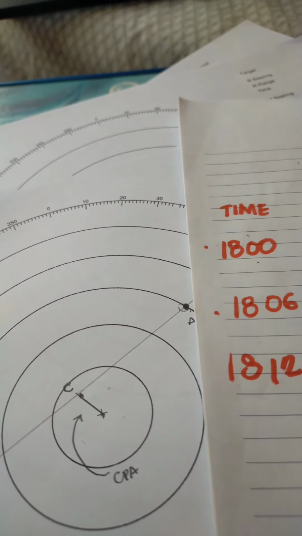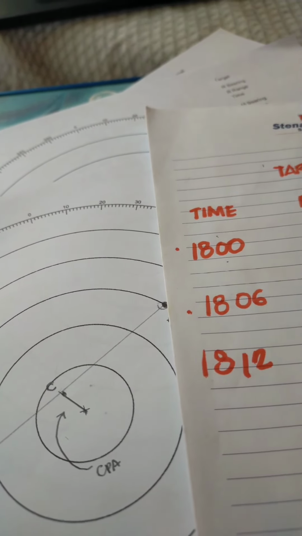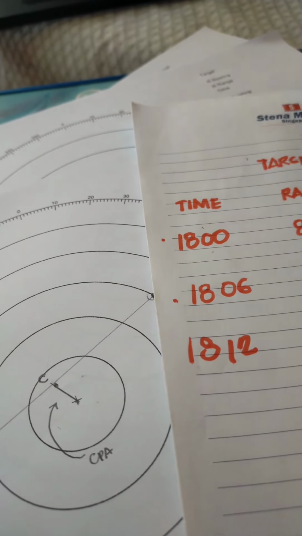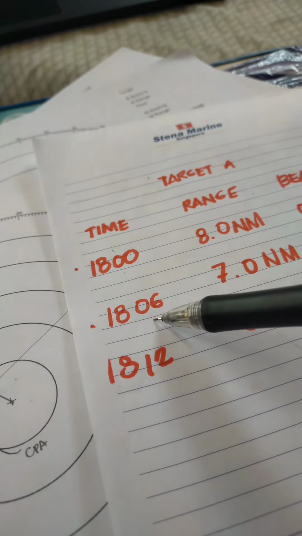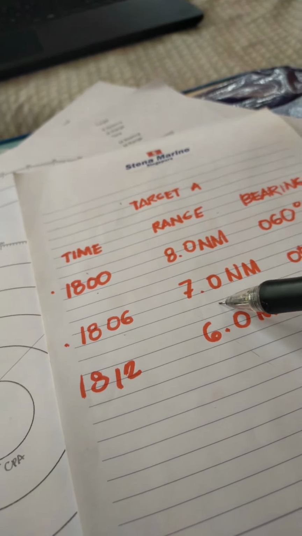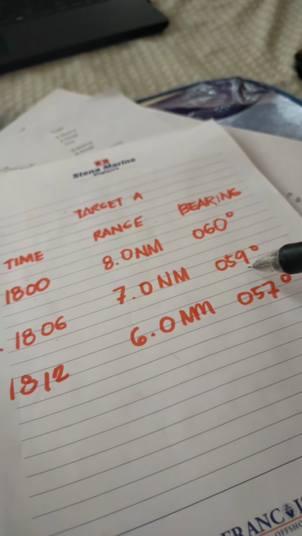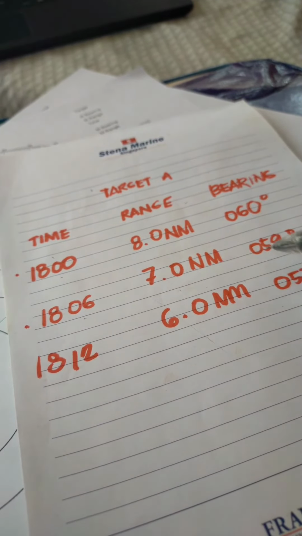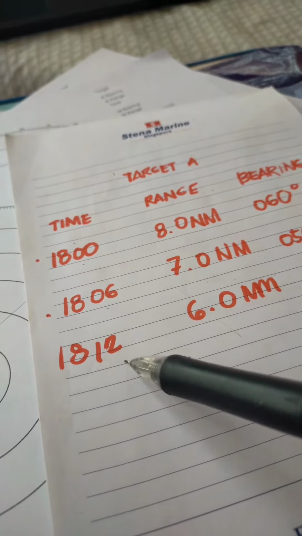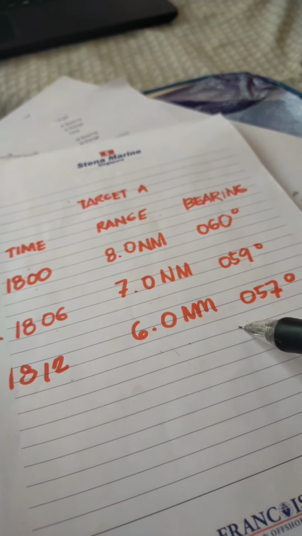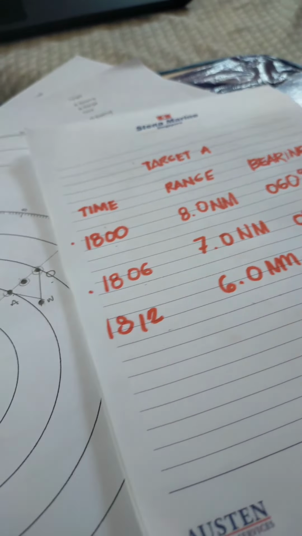After some interval, take the second and the third set of observation of the target and plot in your radar sheet. So we have here the second observation at 1806, which is at 7 nautical miles with a bearing of 059 degrees, and another observation made at 1812 at 6 nautical miles with 057 degree bearing.